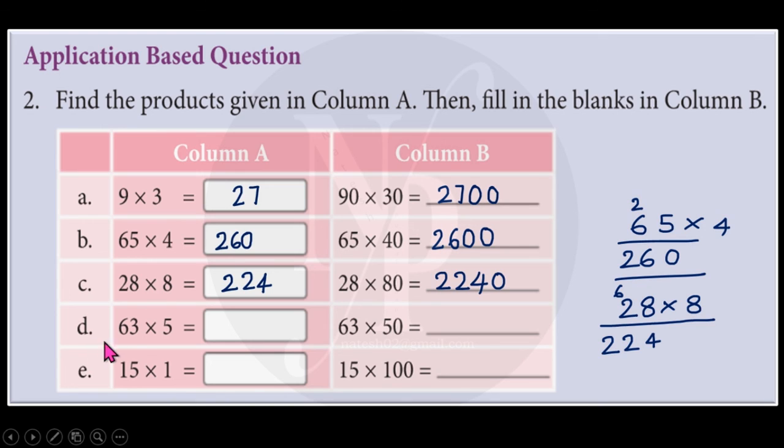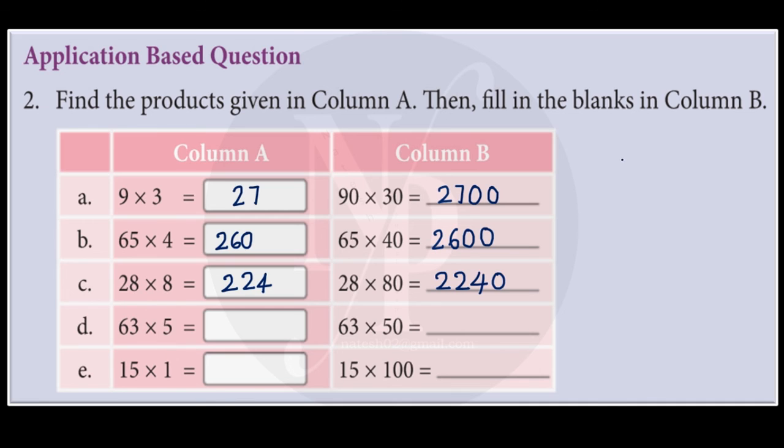Coming to D, we have 63 into 5. Let us multiply these two numbers to obtain the product. Let us write down these numbers here. 63 into 5. So 5 3s are 15.